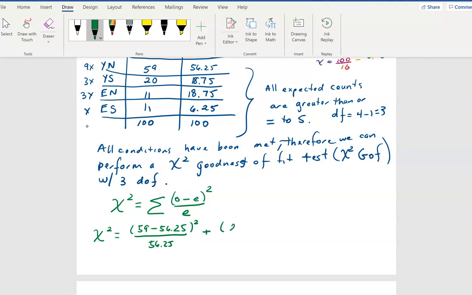Then 20 minus 18.75 squared divided by 18.75. The third is 11 minus 18.75 squared over 18.75. And finally, the last is 10 minus 6.25 squared over 6.25.